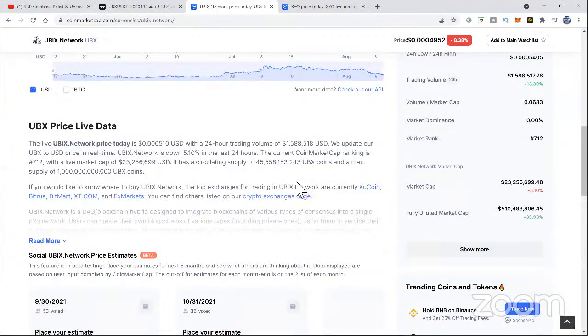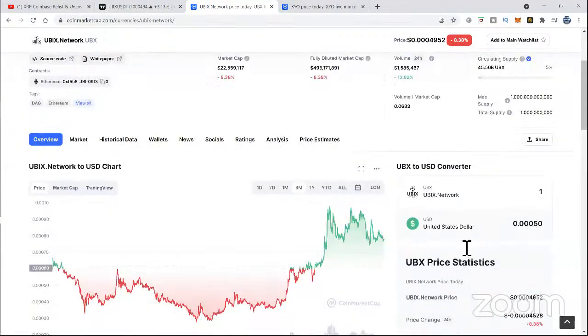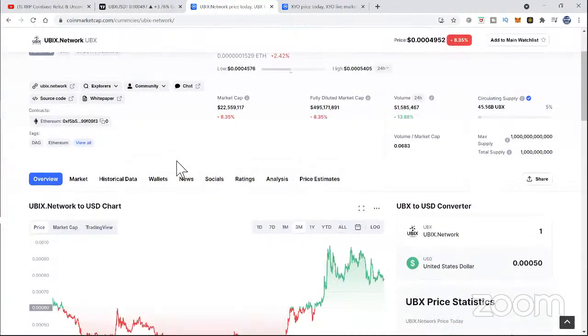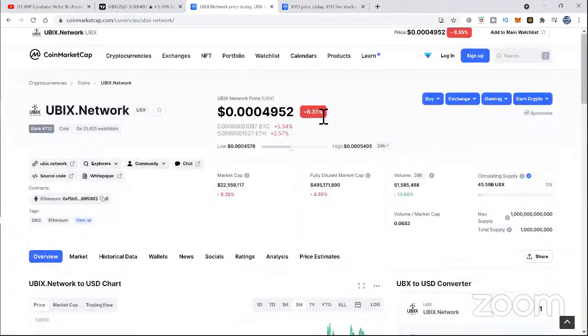So anything to do with consensus is I believe gonna be major. And yeah, so I am keeping my eye on this. It's on 21,000 watch list as well. So not too bad, not too bad at all. The last 24-hour volume, 1.5 million, not too bad at all.